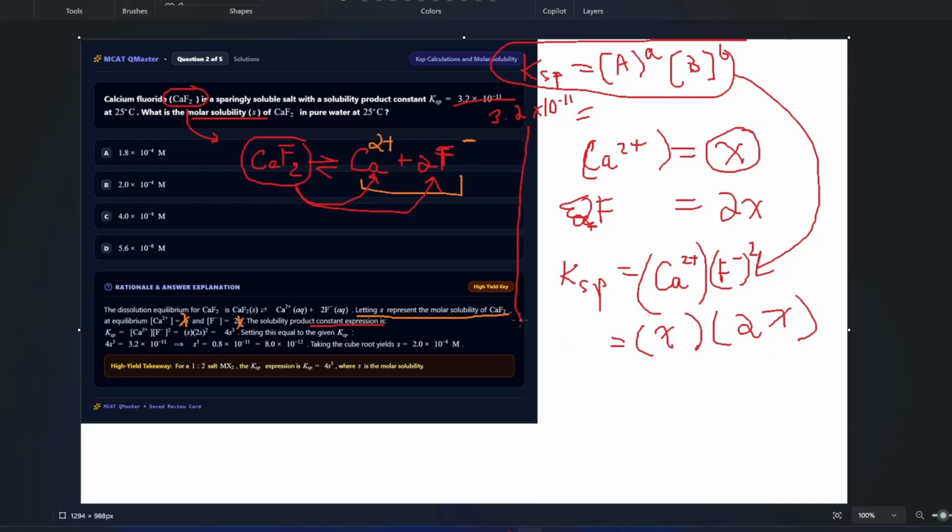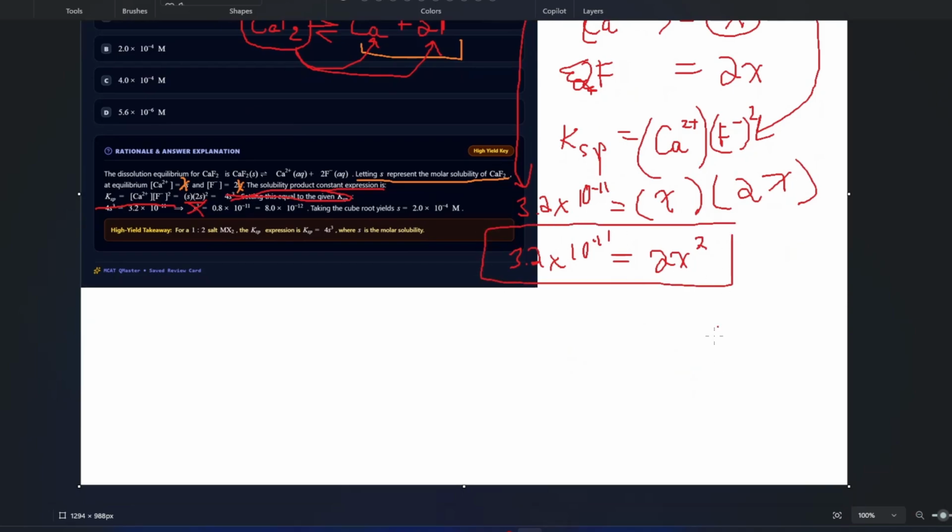And then we know KSP was 3.2 given to us, so we put 3.2 times 10 to the negative 11. That was given to us. And then what you need to do is simplify it. So this X times 2X is 2X squared is equal to 3.2 times 10 to negative 11, right? And then we already did this part. I'm ahead of the game right now. This is good. And now we're going to solve for X.